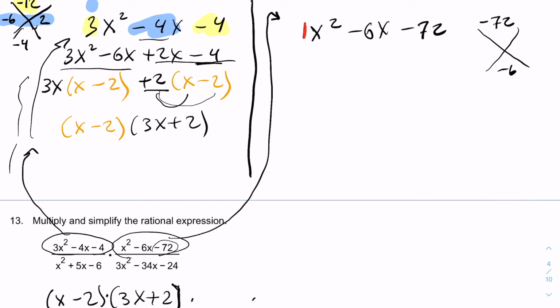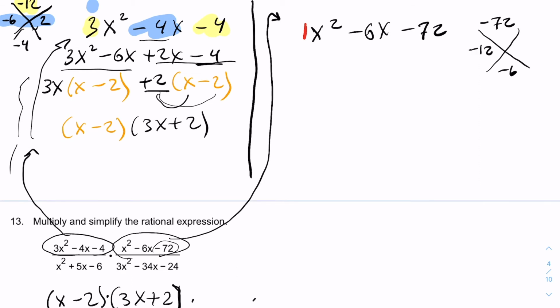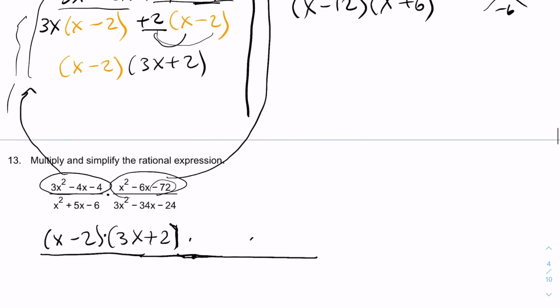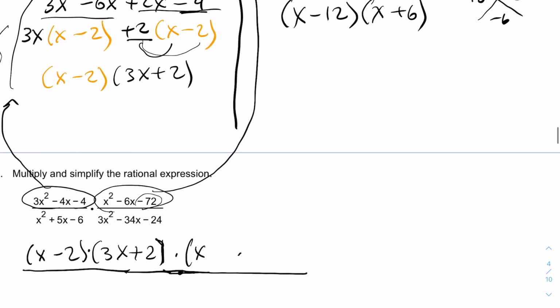That's going to be a negative 12 times a positive 6. So then let's just make sure I copied everything down right, x squared minus 6x minus 72. Okay, good. So then this factors down to x minus 12 times the quantity x plus 6. So now we have this numerator right here of x minus 12 times x plus 6.